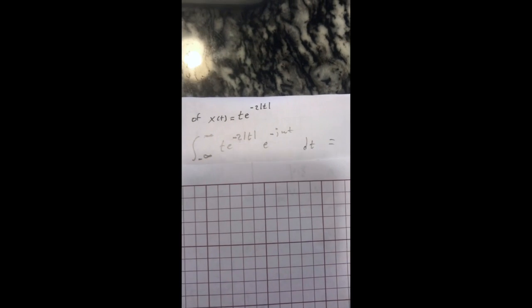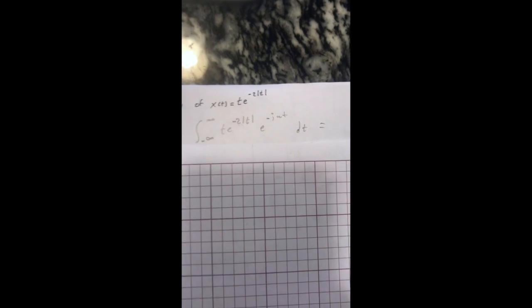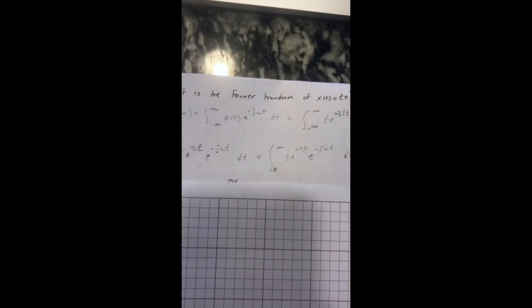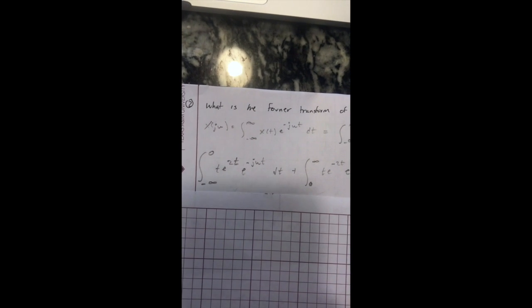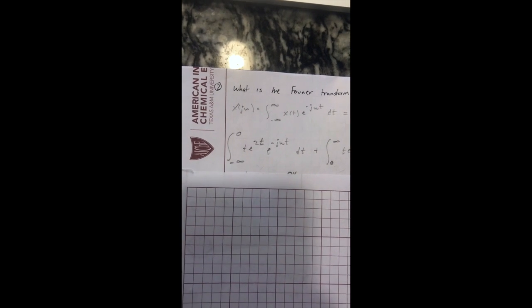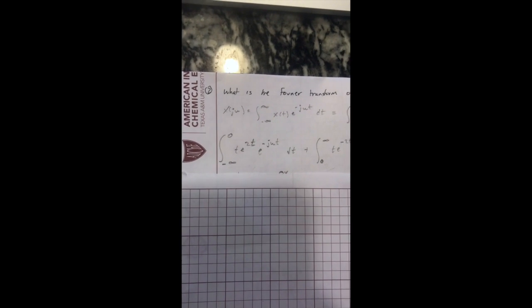Notice here, you'd have to split this expression up into two different parts because of that magnitude. So you're going to have one going from negative infinity to 0, which deals with negative t's, and the other one going from 0 to infinity, and that deals with positive t's.